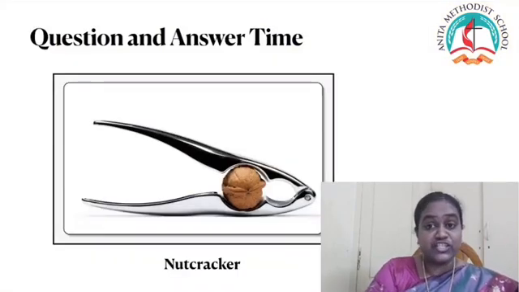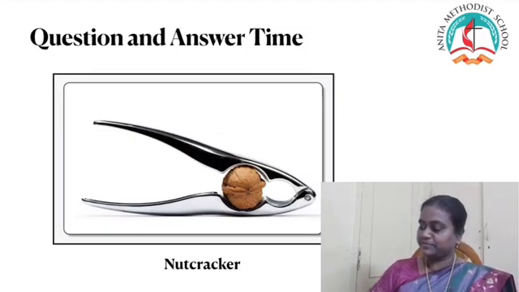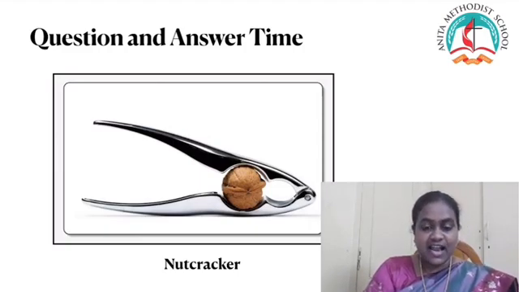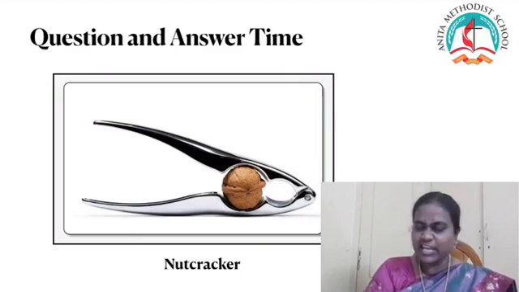Now it's question and answer time. Are you ready for that? Based upon the 3 classes, we are going to do this exercise. Are you ready? Now, first one. Ashika, can you see this picture? It's a nutcracker. Can you tell me which class the nutcracker belongs to?